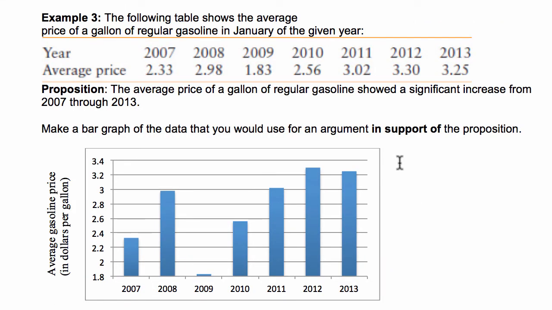In order to argue in support of the proposition, our bar graph must make it appear as if the change in gas prices during this period was significant. To do that, the bars must show a great variation in heights.